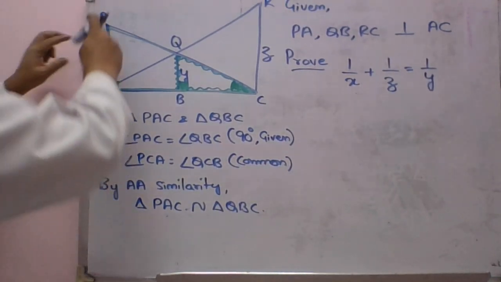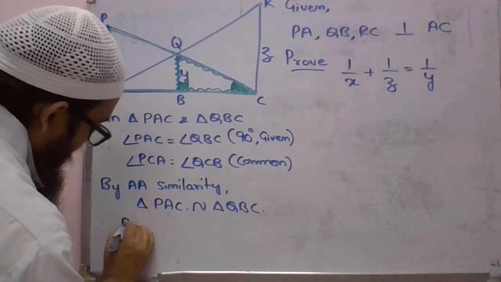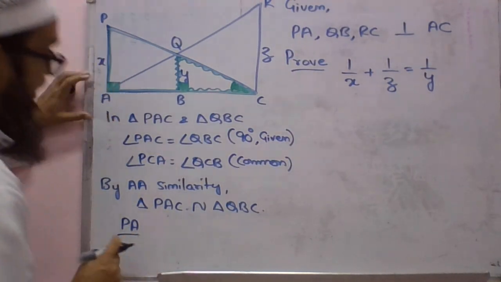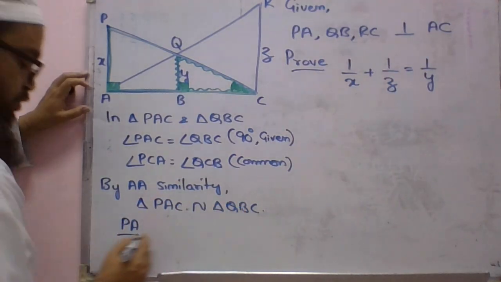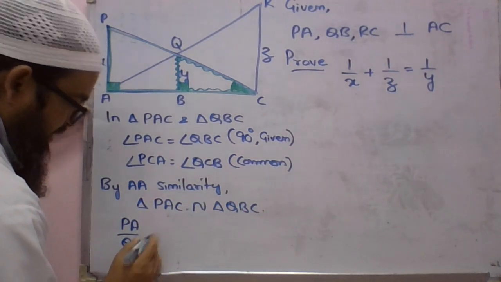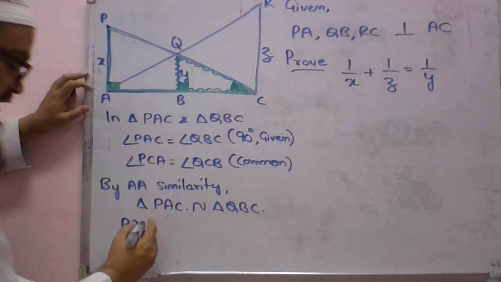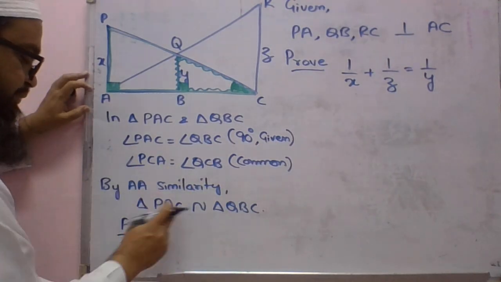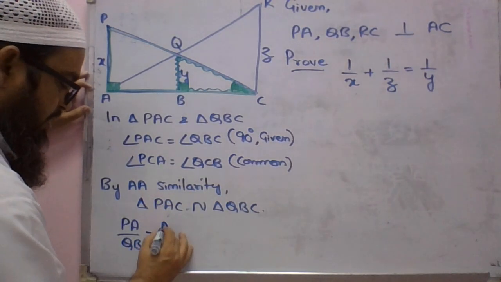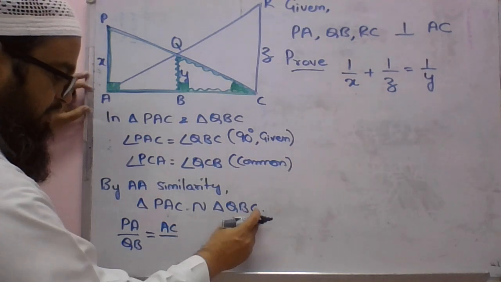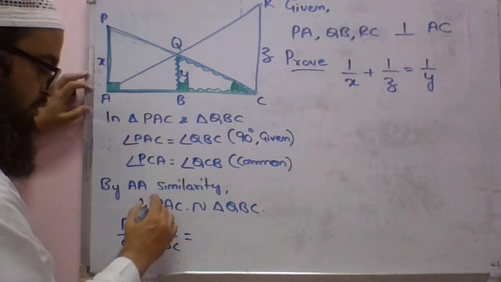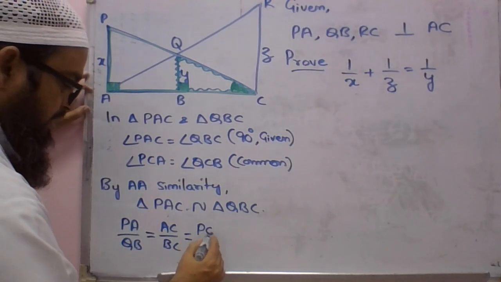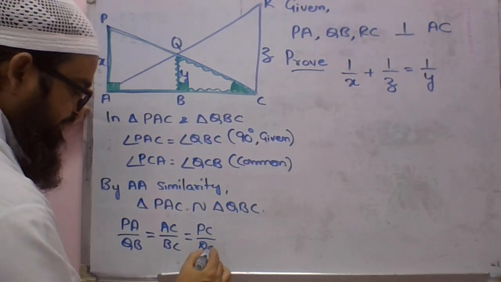So let me write PA divided by QB. Once you write in an order, no need to see even the picture. Next, AC divided by BC, that is equal to PC divided by QC.